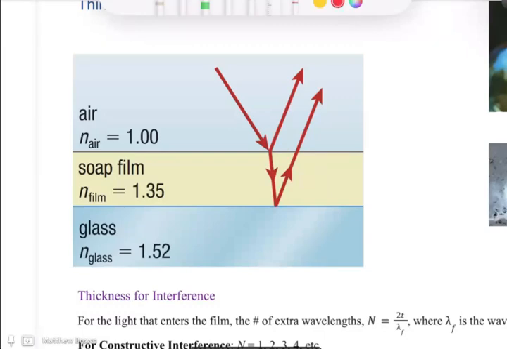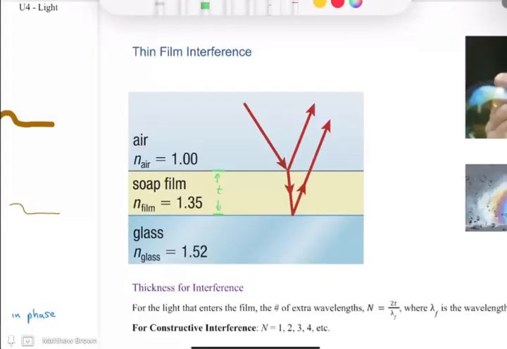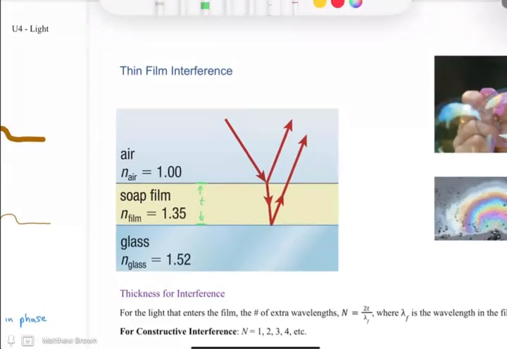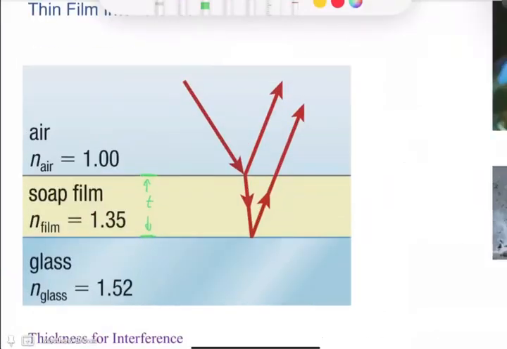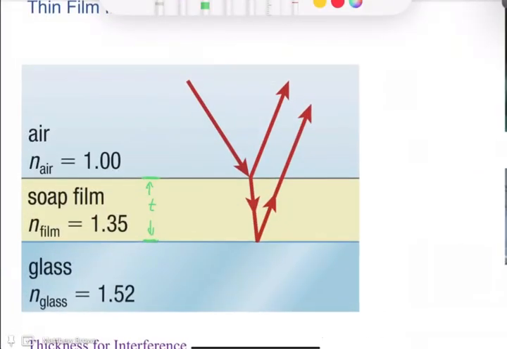Okay, so it's not really indicated here, so we'll just call this some thickness T. And then we'll look at what actually happens. Now, it's worth noting that when this phenomenon actually happens, like when you're seeing stuff like you do over here, the angle of incidence is really, really small.